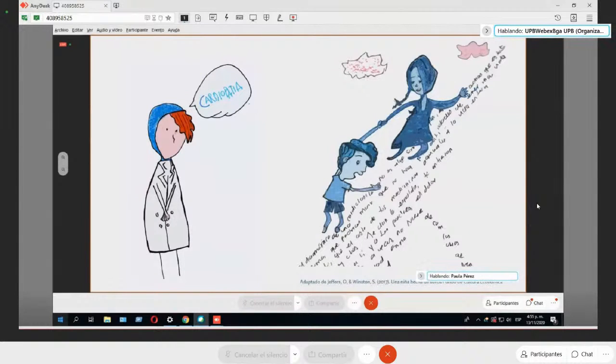How will I be with my son or daughter, my baby, when he must be in the ICU or isolated or separated from me? How will I accompany him? How will I meet that need for affection?